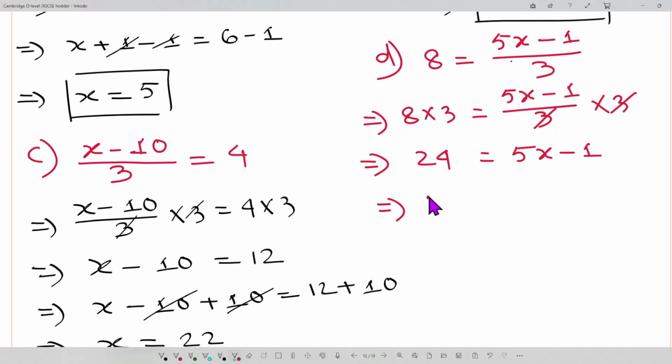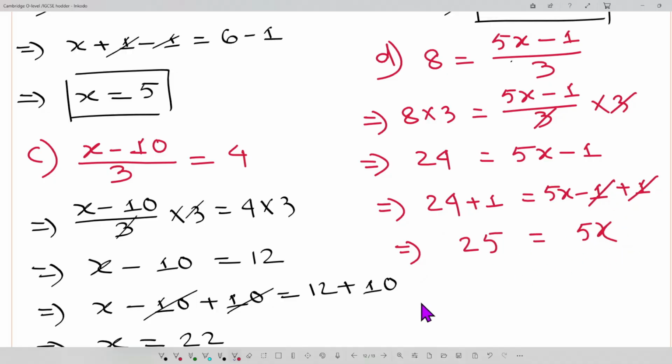Now this is 24, this has minus 1, so we can write plus 1 equals 5x minus 1 plus 1. We are adding 1 to both sides. 24 plus 1 is 25 equals 5x, as minus 1 plus 1 cancels out.